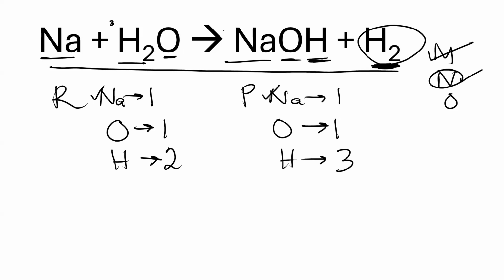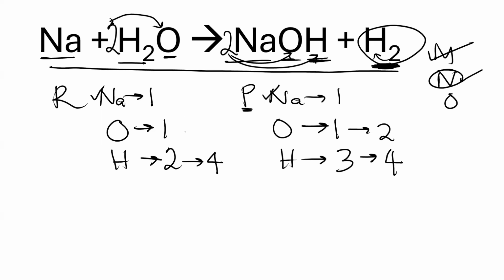So what if we put 2 here to make our hydrogen atoms here 2 and here 2? That makes a total of 4 hydrogen atoms on the product side. And if we place 2 here, that makes our hydrogen atoms on the reactant side total 4, right? But because of this adjustment, that makes our oxygen atoms 2 on the product side, and 2 on the reactant side.